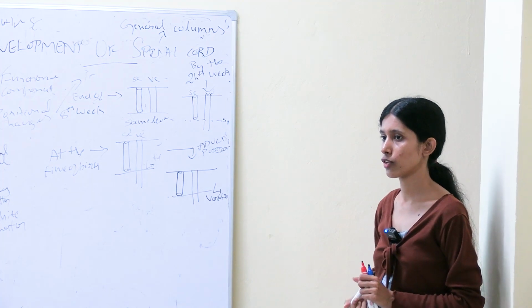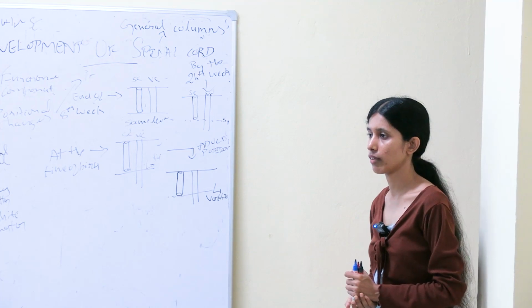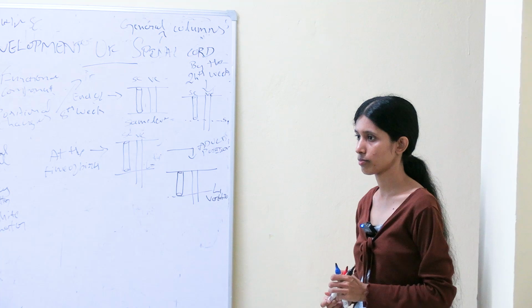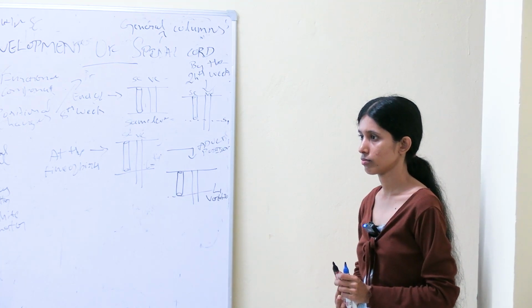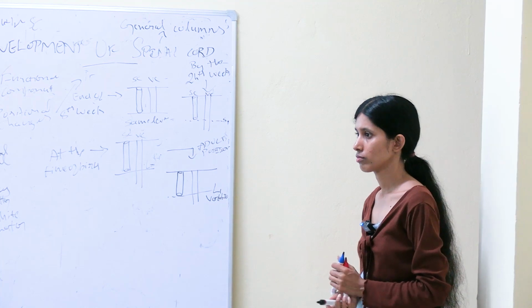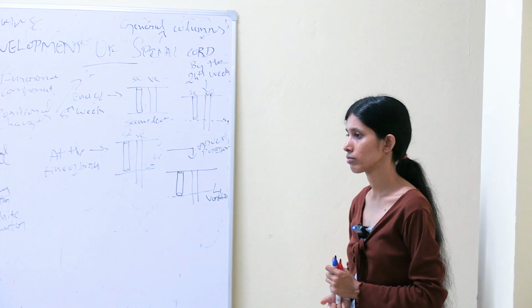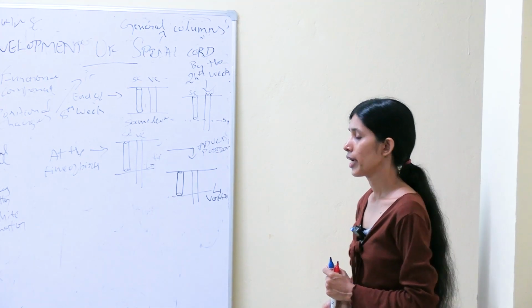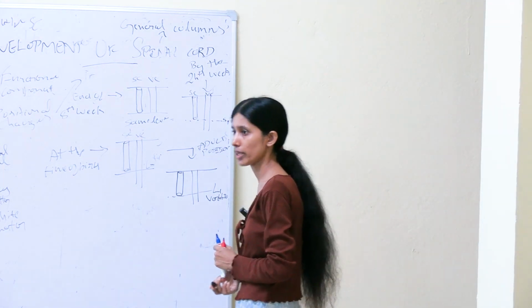Why is the position of your spinal cord changing during the development process? It is because of the changes in the height of the developing embryo.